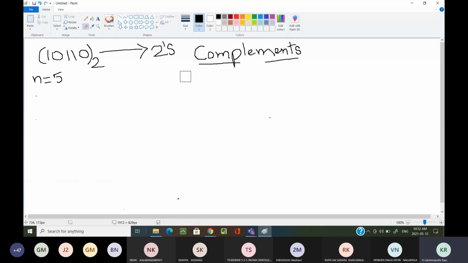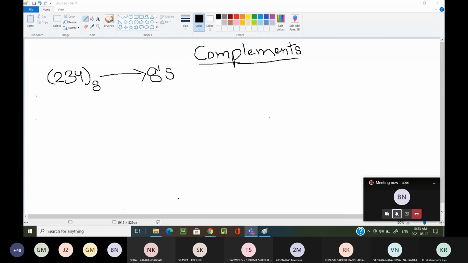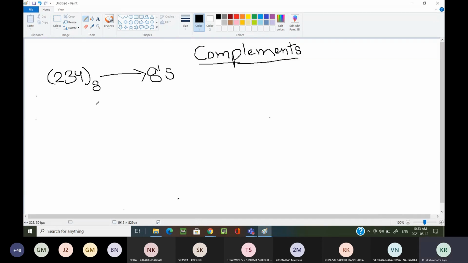Can someone tell me any number randomly, any octal number? 2 3 4. We have to calculate the 8's complement.